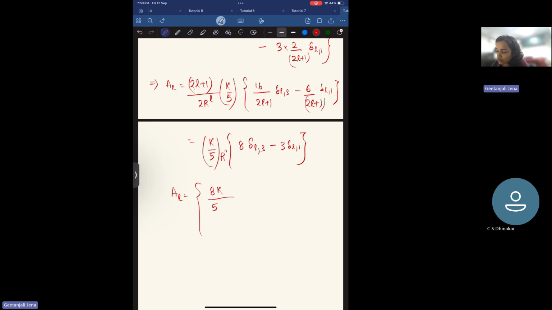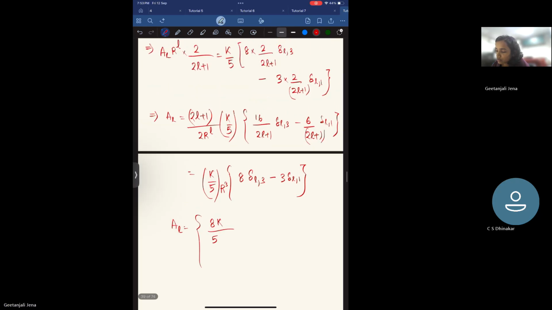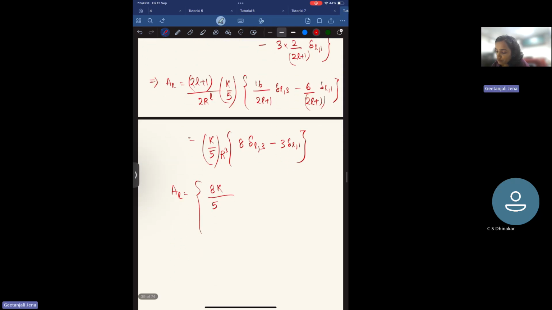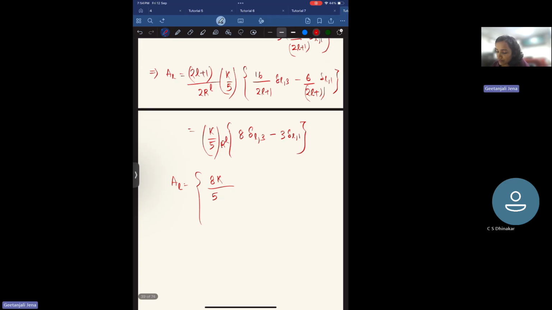Okay, so there is an R^L term here. A_L is 8K by 5R^2 when L equals 3, or it is minus 3K by 5R when L equals 1, otherwise it is 0.